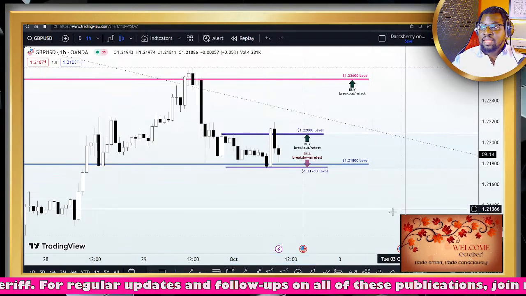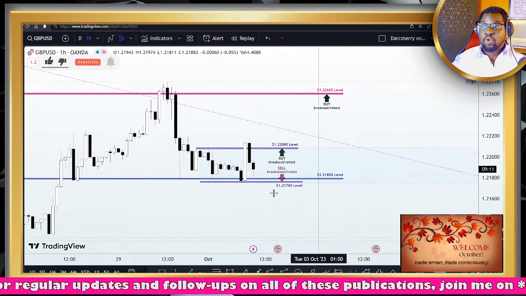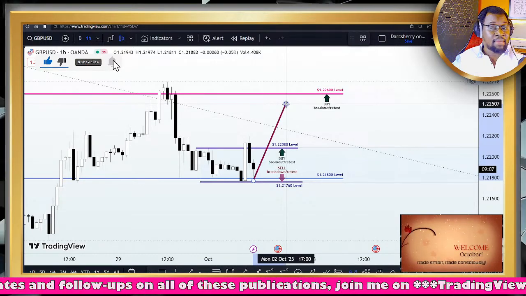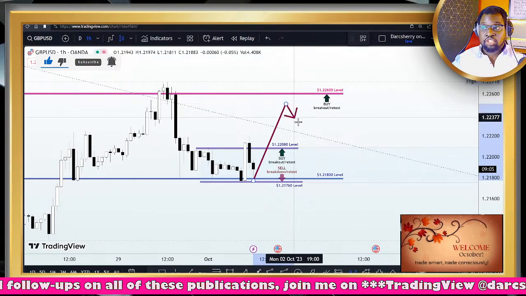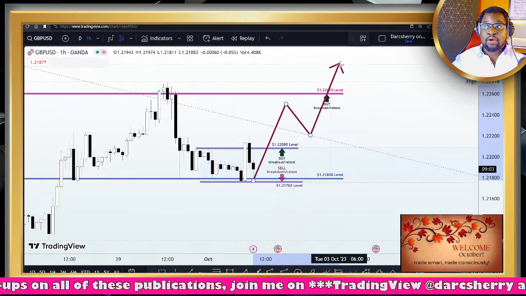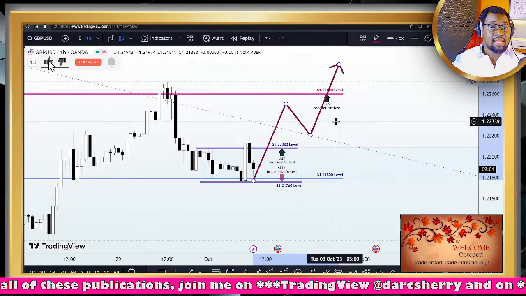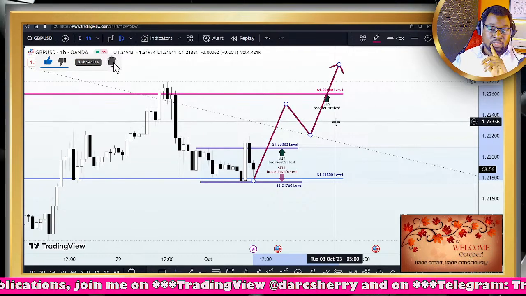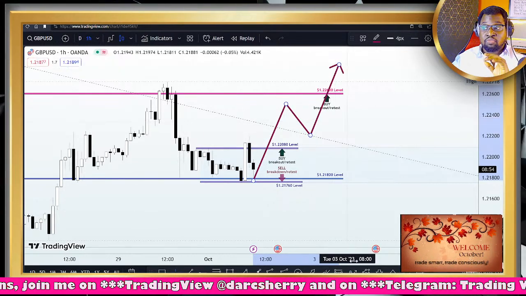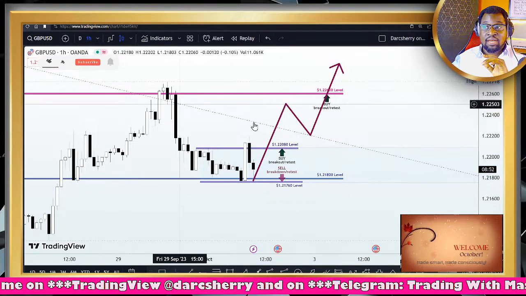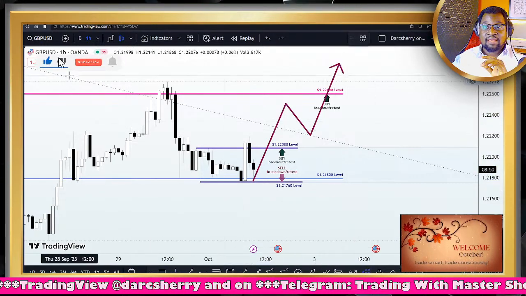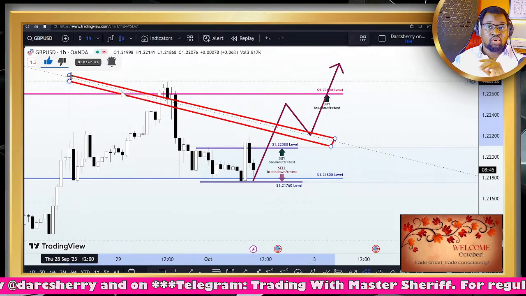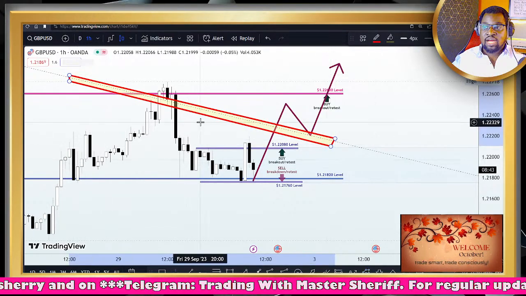With this scenario, the chances that price will break out of that descending trend line for the first time will incite a strong bullish momentum, where the further breakout of the key level at the 1.226 will welcome more buying opportunities. If price does break out of this descending trend line, it will be a clear sign that the trend line may no longer have the capacity to continue to negate the bullish attempt.